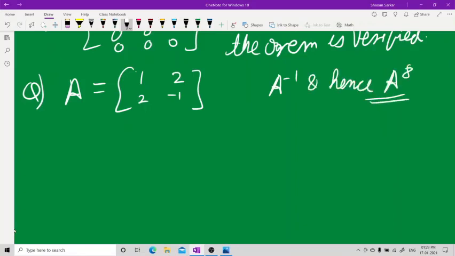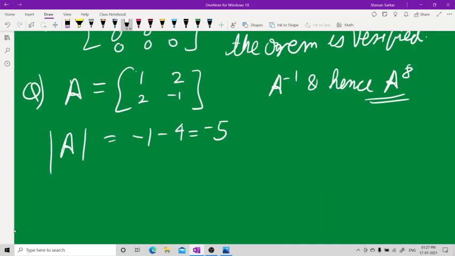See the trick. First take the determinant. The determinant is minus 1, minus 4, and that is minus 5. Very simple.